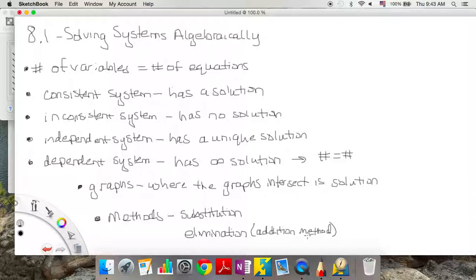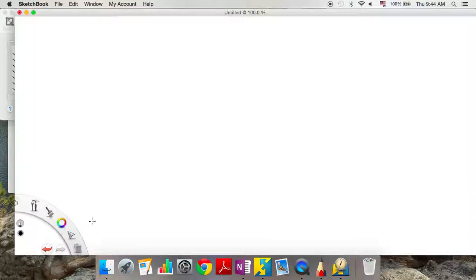Elimination, sometimes called the addition method, we use several times with both double systems and more complex systems, so that we can eliminate one of the variables by adding two of the equations together. We should know how to do those, so we'll review some just to make sure. So let's look at an example.